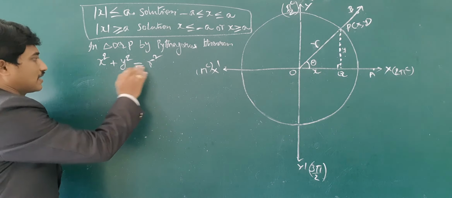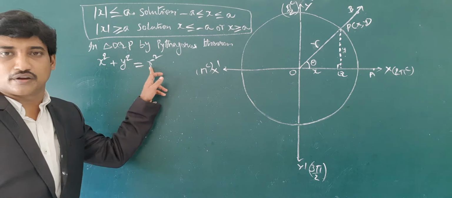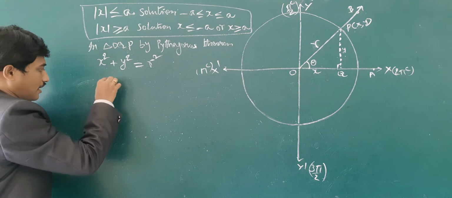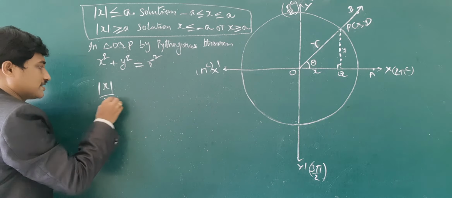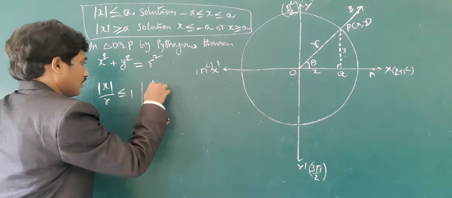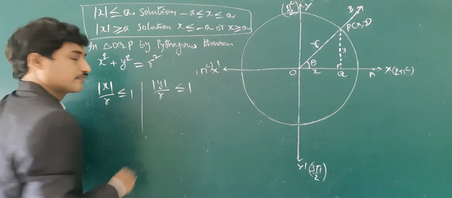x square plus y square is equal to r square, so that modulus x is less than or equal to r, so that modulus x by r is less than or equal to 1, and modulus y by r is less than or equal to 1.